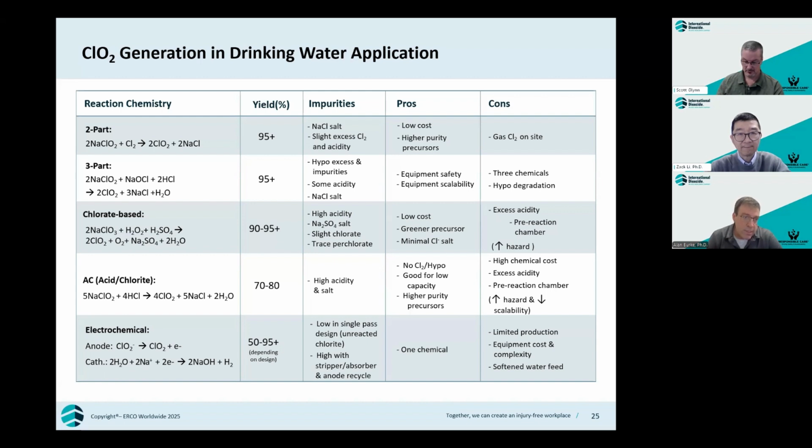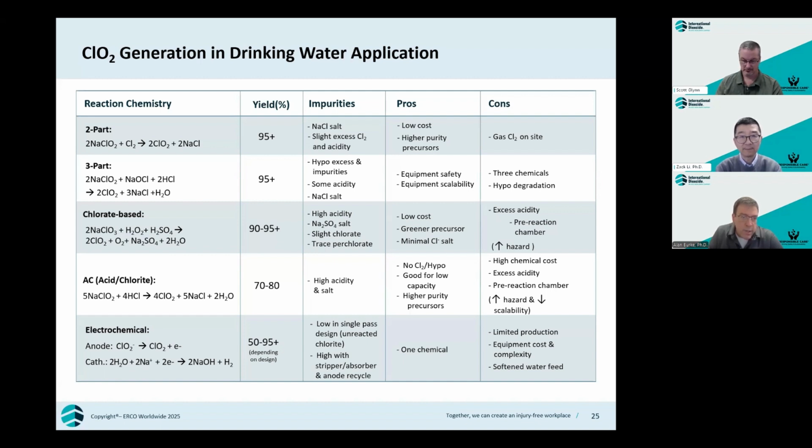So environmentally and cost-wise, there's good reason to look at chlorate-based methods. Although, the way it is manufactured, the sodium chlorate does carry over some trace levels of perchlorate and chlorate out of the generator that need to be monitored and considered. Again, nothing at reportable levels, but they are there.